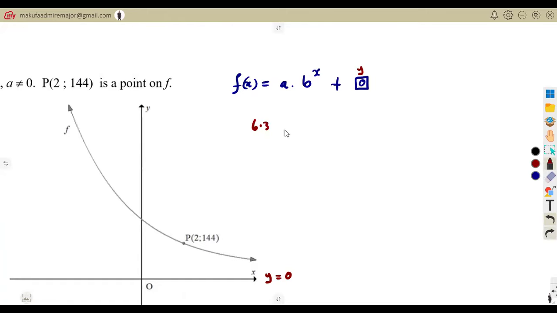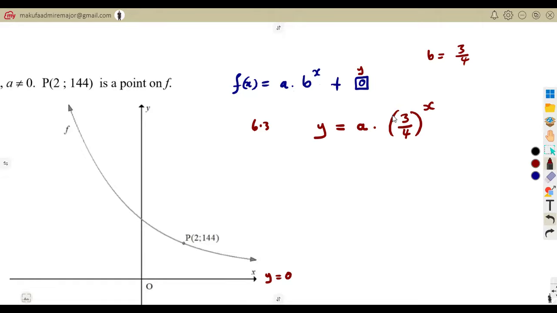So instead, we can just write y is equal to a times, remember, they are saying if b is 3/4. So meaning to say, in place of b, we can substitute 3/4. So that's 3/4 to the exponent of x. This is what they're saying. Calculate the value of a.